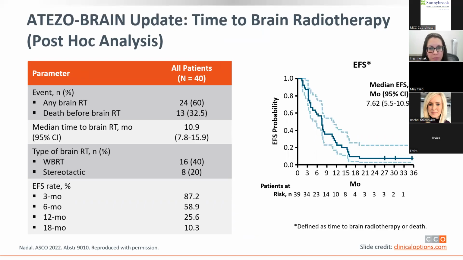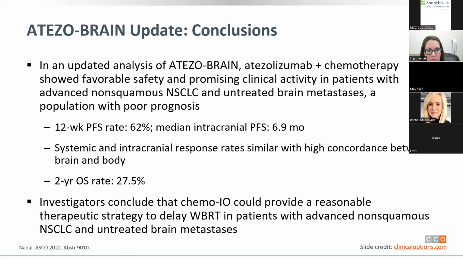So I'm not sure, we would like to see the full data on this to see why they received whole brain radiation, particularly at our center. We have excellent techniques and staff who are very experienced with the stereotactic techniques. So I'd like to see the data on why they had whole brain and whether we would have done the same. So we'll wait for that publication.